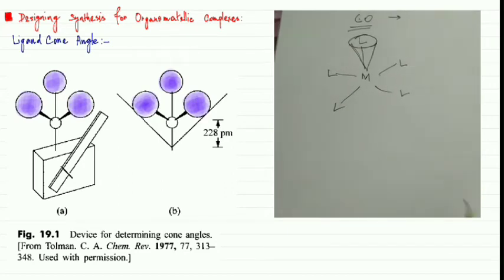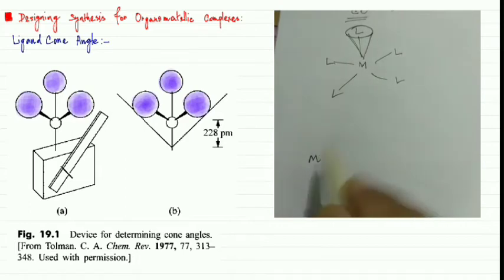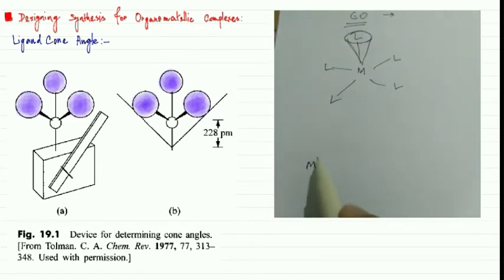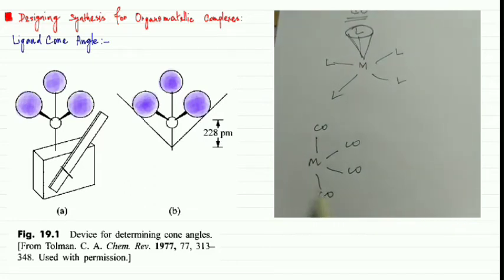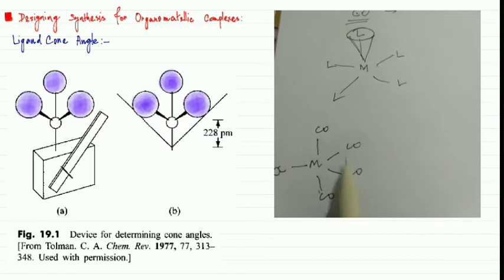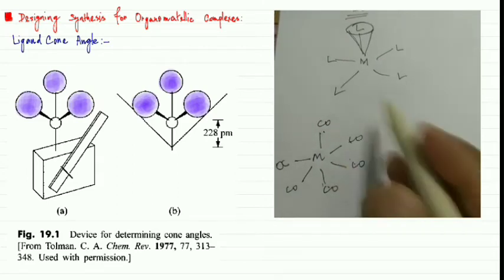So I am going to explain this one again. If you don't understand, listen. Let's suppose this is your metal. There are some carbonyl ligands present: 1, 2, 3, 4, 5, 6 carbonyl ligands.